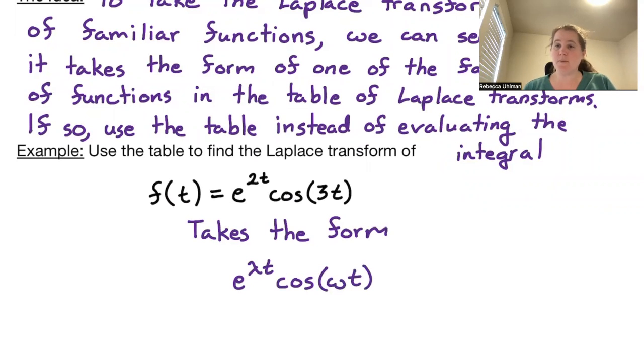This is a form that we will be able to find in the Laplace transform table. So I'm going to go ahead and switch over to the table and we'll figure out what exactly we should use for our transform.